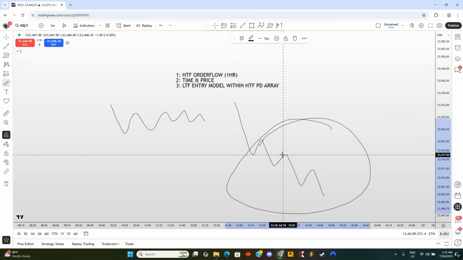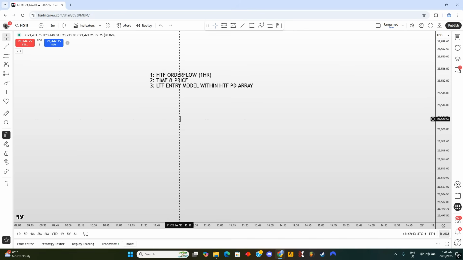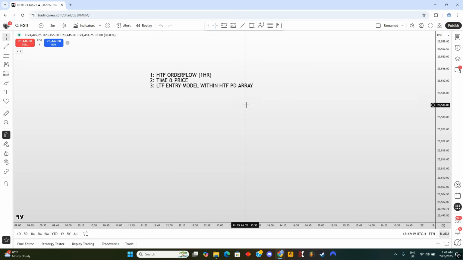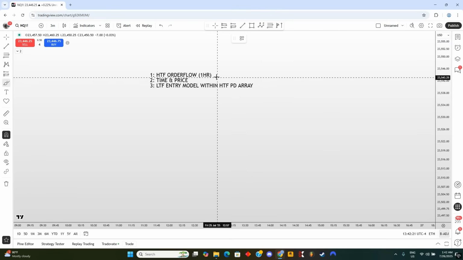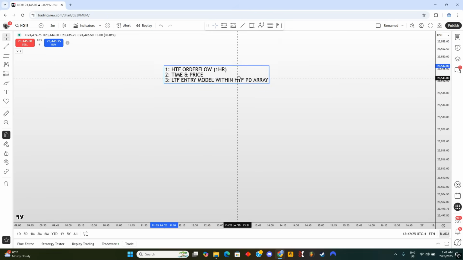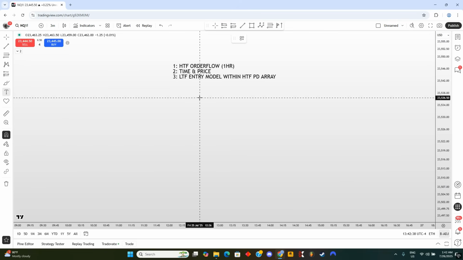We want to be trading this type of price action, but don't worry, I'm going to teach you how to identify if it's consolidating, if it's trending, if it's clean, if it's tradable even. And then I'm going to teach you the lower time frame entry model that we're going to be using, within the higher time frame PD array, which is kind of optional, but it increases the win rate. So this is like the dumbest strategy ever. When I teach you, you're going to realize that as well, because it's so simple.